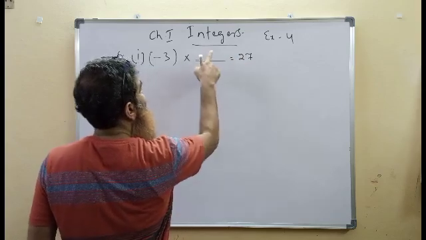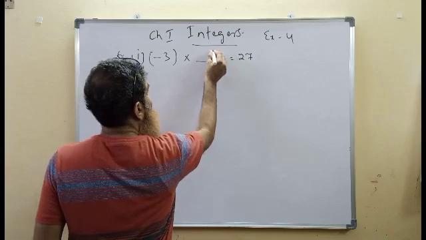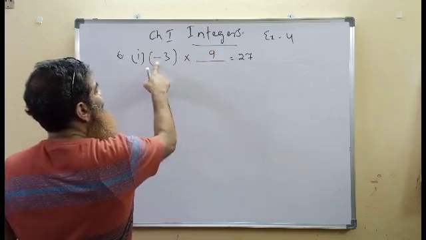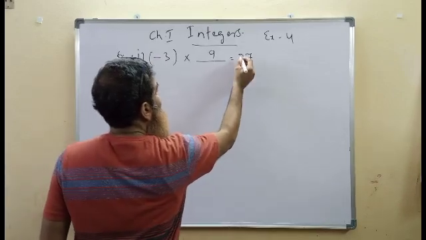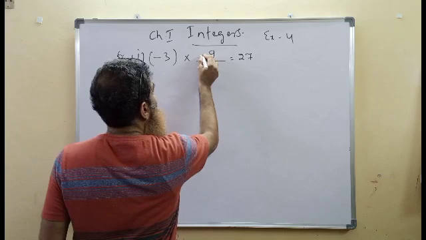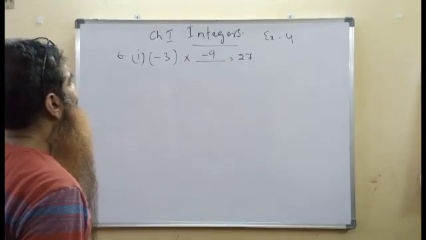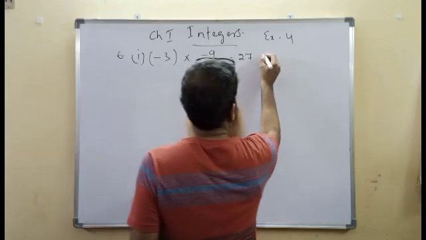We know 3 nines are 27, 27 divided by 3 is 9. But here one of the integers is negative and the result is a positive integer, so we need another negative integer here. So -3 multiplied by -9 is equal to 27.